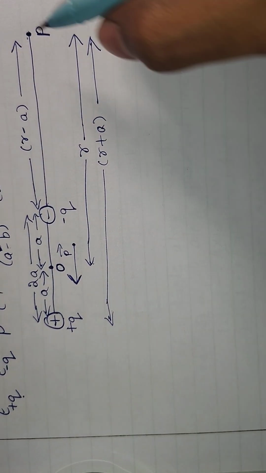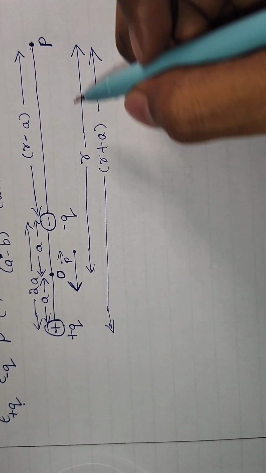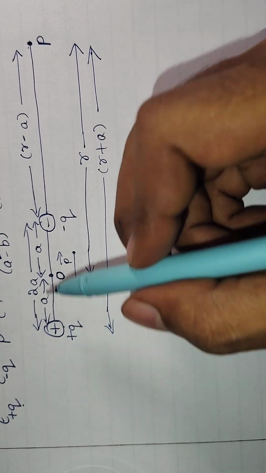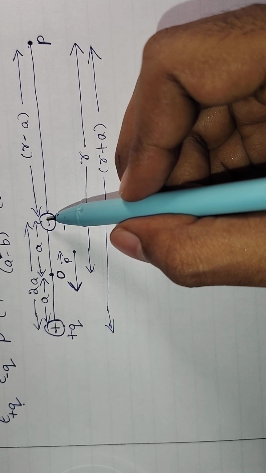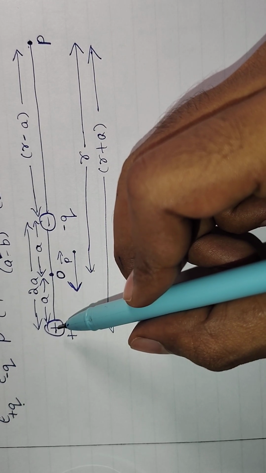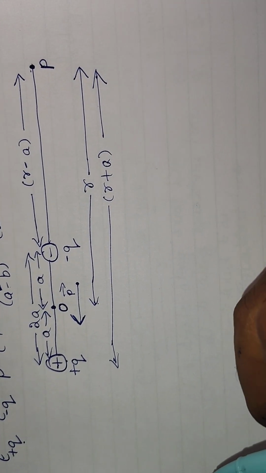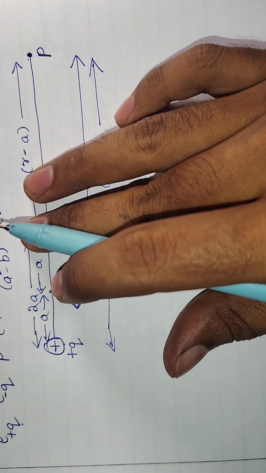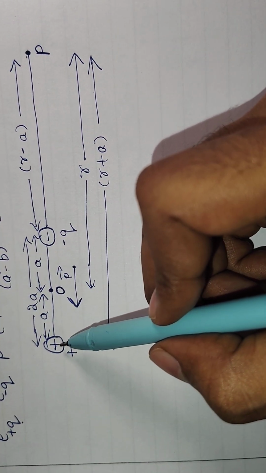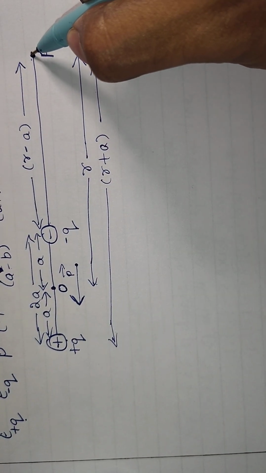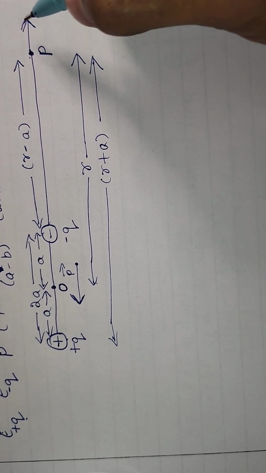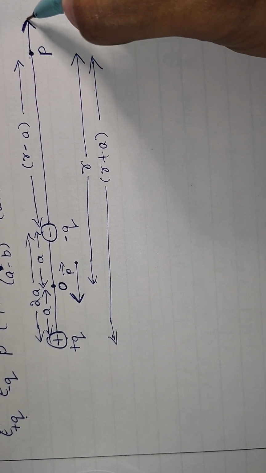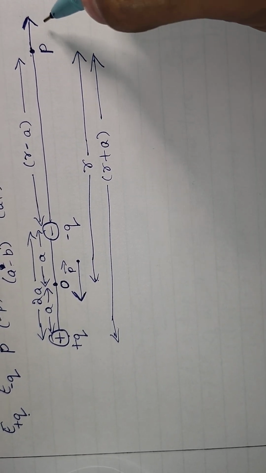Now at this particular point there will be electric field due to positive charge and also negative charge, right? What will be the direction due to positive charge? We apply superposition principle. For the time being, ignore this negative charge. Due to this positive charge, the electric field at this point will be radially outward, like this. What does this arrow mark indicate?